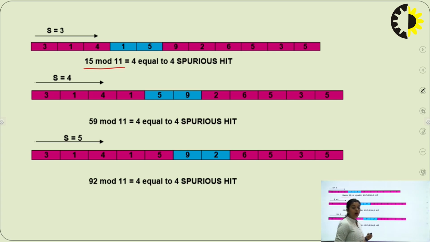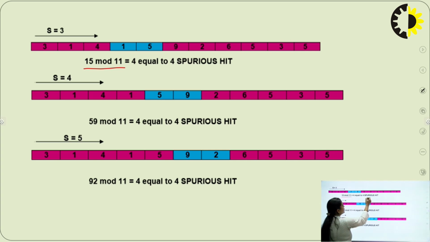Now, when we get a value equal to the hash value of the pattern, we match the characters. Matching 15 to 26, the first character does not match, so there is no need to check 5 against 6.